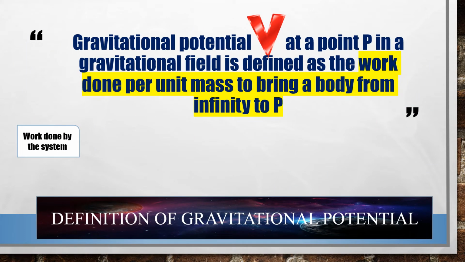The gravitational potential, which is V, at a point in a gravitational field is defined as the work done per unit mass to bring a body from infinity to point P. So you see, class, when you bring a body from infinity to point P, it means the work is done by the system.